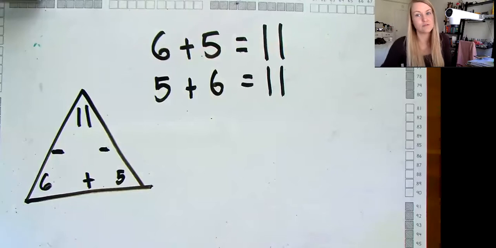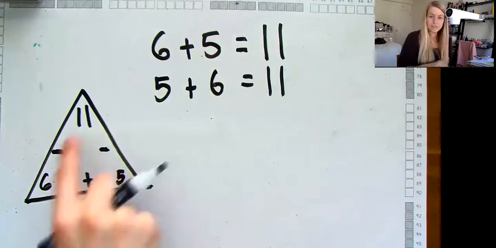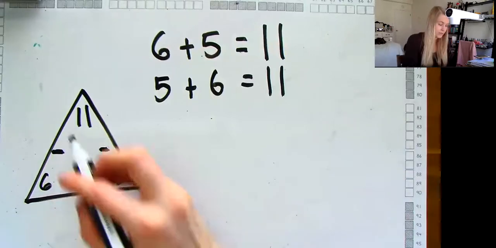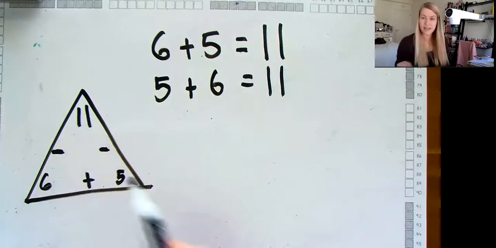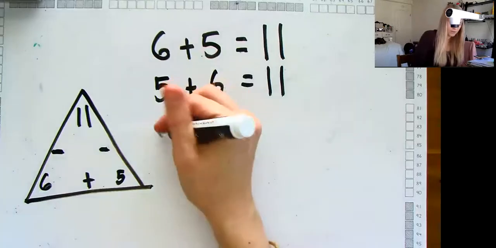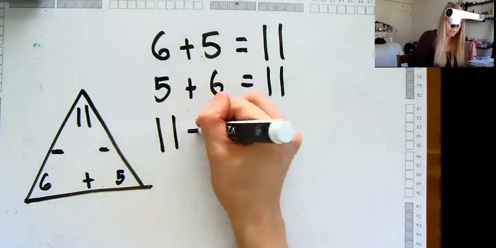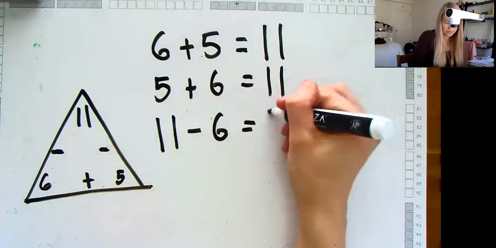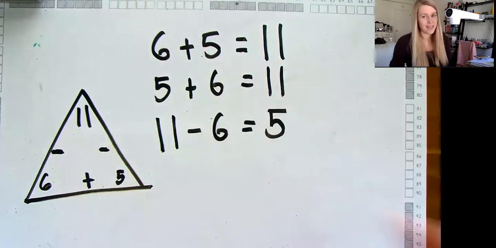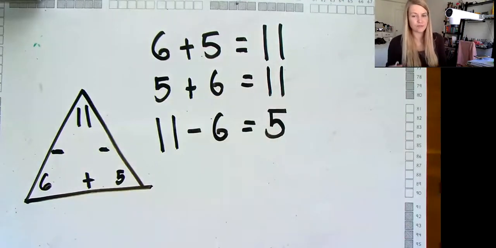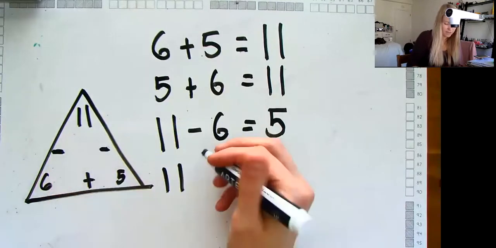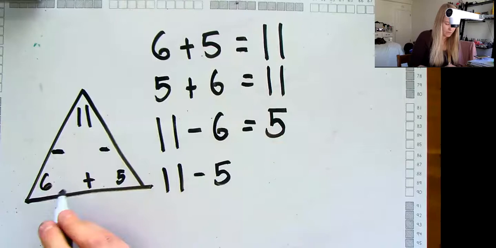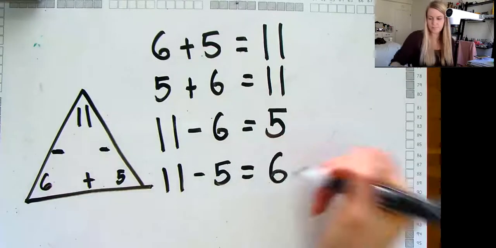Now let's get on to the subtraction problems. Well, if we check our cool triangle down here, and we start at our sum, we can read it. 11 minus 6 will get us 5. But we just need to make sure we write it correctly. 11 minus 6 equals 5. And if I know 11 minus 6 equals 5, I also know that 11 minus 5 equals 6.